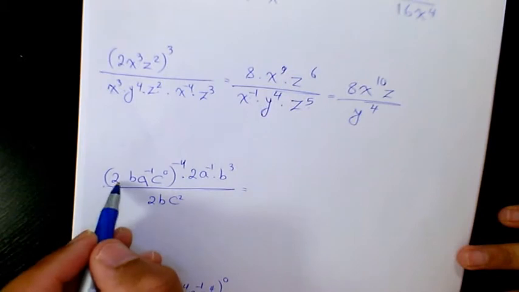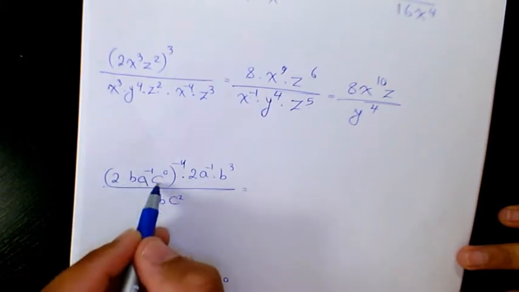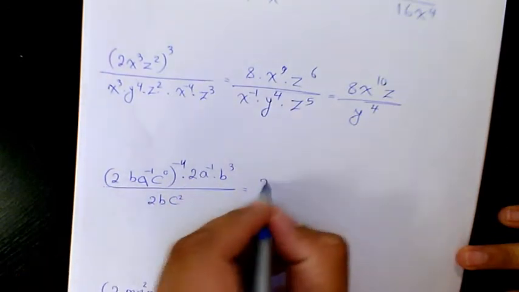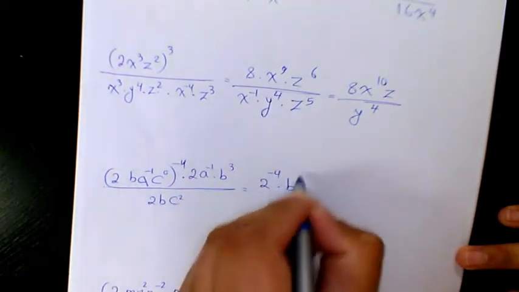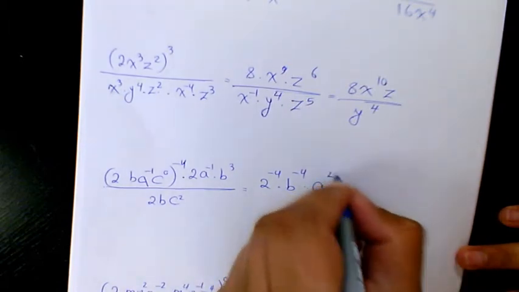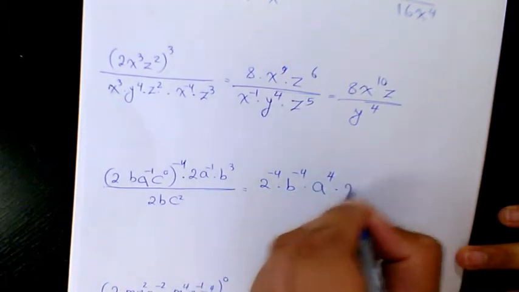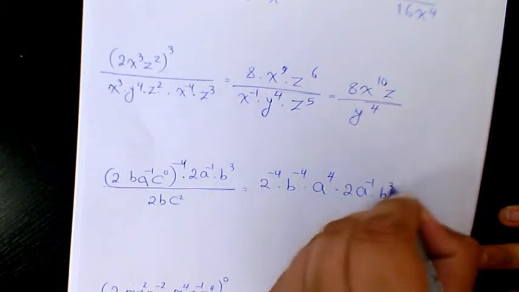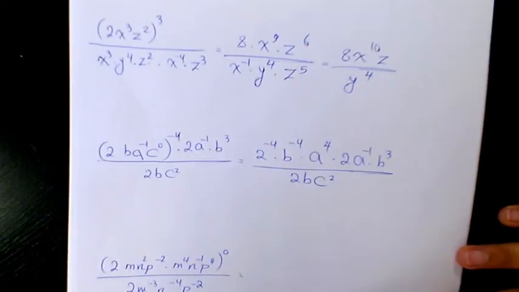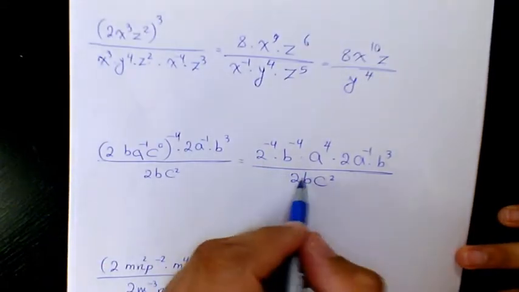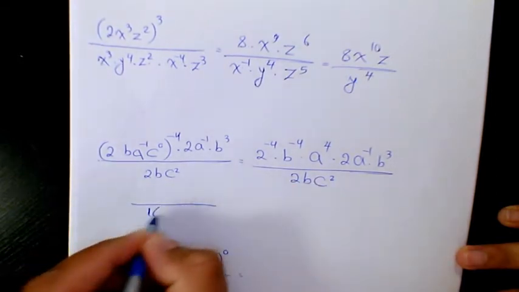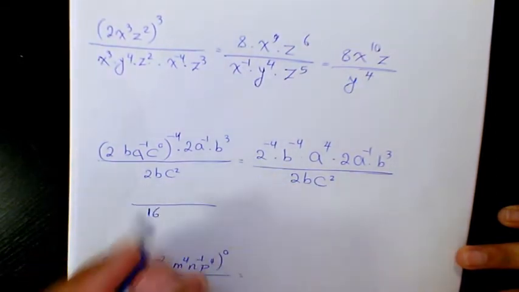Here. 2b, a to the power of negative 1, c to the power of 0. C to the power of 0 is going to be just 1. So we have 2 to the power of negative 4, b to the power of negative 4, a to the power of negative 4 times negative 1, so it's going to be positive 4. Times 2, a to the power of negative 1, b to the power of 3, divided by 2b c squared. So these 2 and 2 cancel out. We're going to have 16 in the denominator, because 2 to the power of 4.